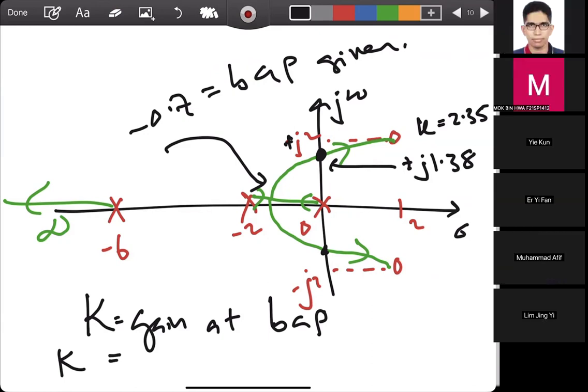Anik, Aiman, yes. How to find gain K at the minus 0.7?